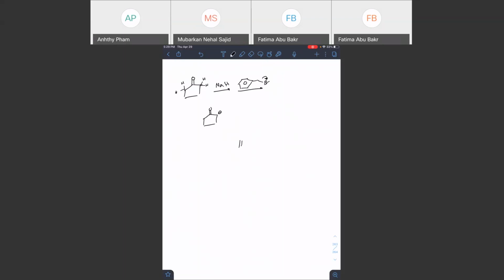Like every time, we just know that bromines are very likely to leave on their own because they're pretty good leaving groups. So the negative charge will attack that carbon. So what we get is, maybe I'll draw it the other way, this part that had the bromine on it, and instead it's going to be attached to the pentane with the carbonyl on it. So this is what our product will look like. So this is how to use those acidic alpha hydrogens to your advantage to do substitution, right?